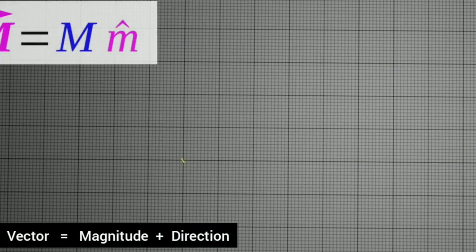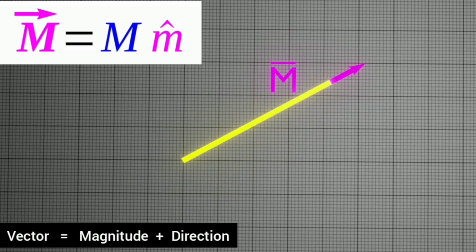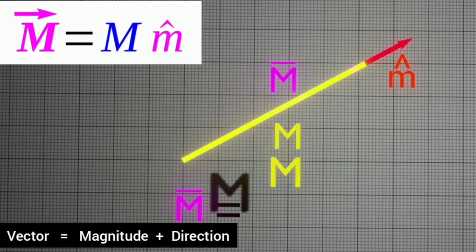You must be aware that any vector has two parts: magnitude and direction. On this page, this arrowhead m is a vector. Its value, or magnitude, is m. And cap m is its direction.